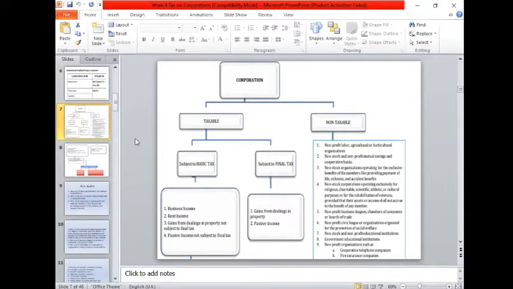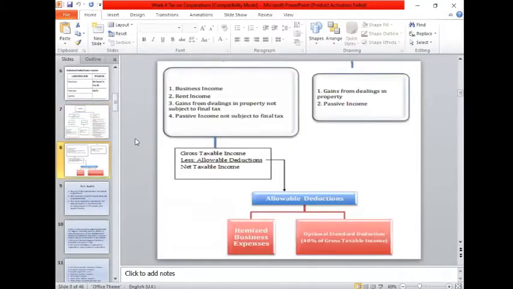On the final tax, of course, we have the capital gains from dealings in property and also the passive income. And under the taxable or business income, please take note, when the income is subject to the normal or basic tax, there should be an allowable deduction from the gross taxable income.